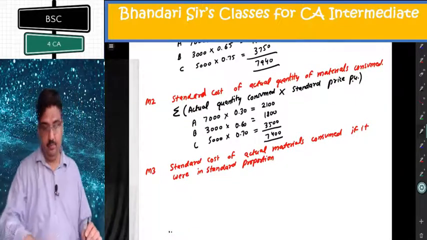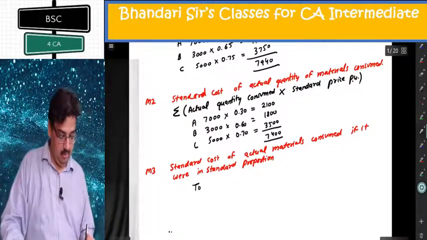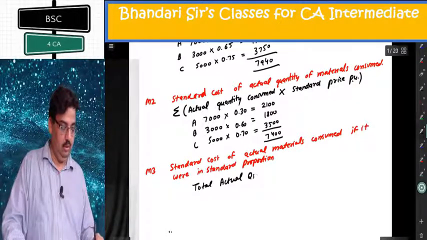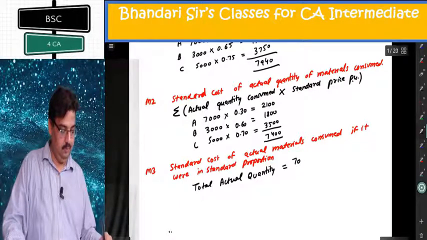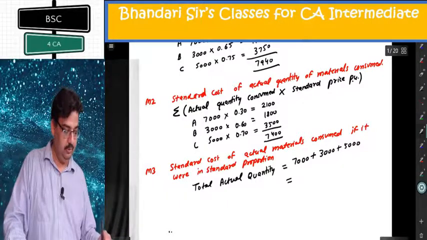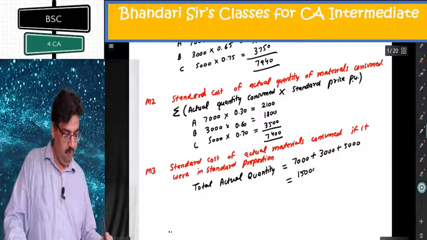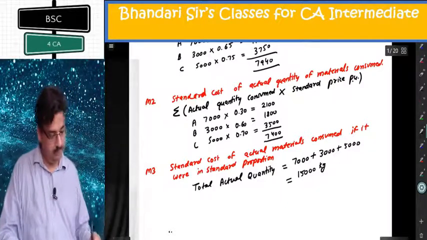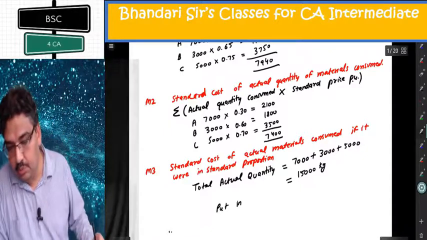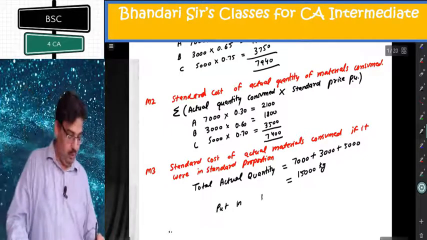M3, exactly same manner. Total actual quantity: 7,000 plus 3,000 plus 5,000, 15,000 kg. Put in budgeted ratio 12:5:8.